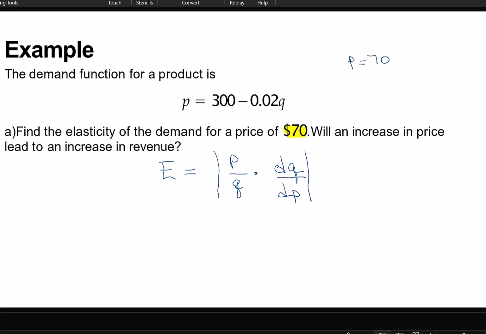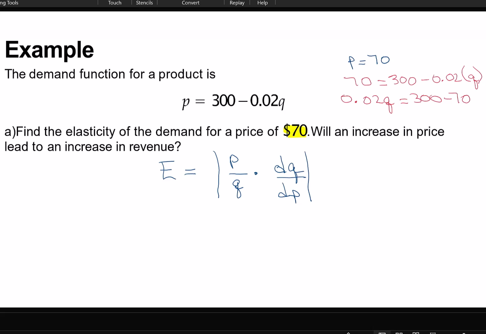If P equals 70, then I have 70 equals 300 minus 0.02 times Q. So I have 0.02Q is equal to 300 minus 70.